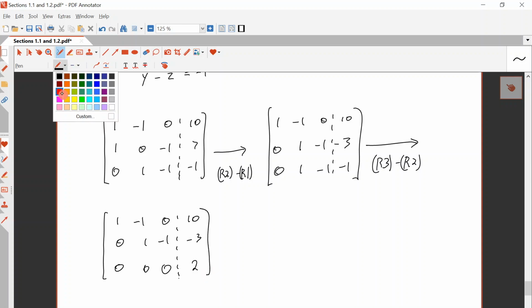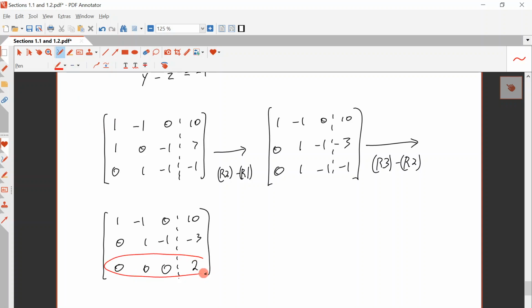Right, so the last row says that 0 is equal to 2. Right, which of course is not the case. 0 is not equal to 2, so the system is inconsistent.